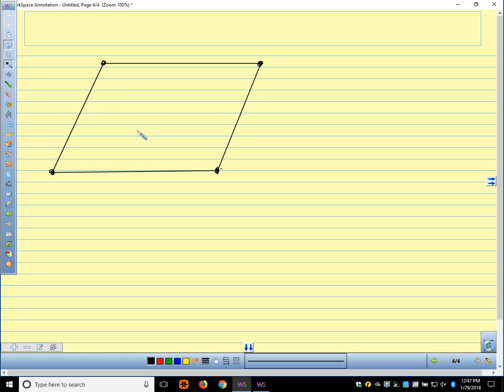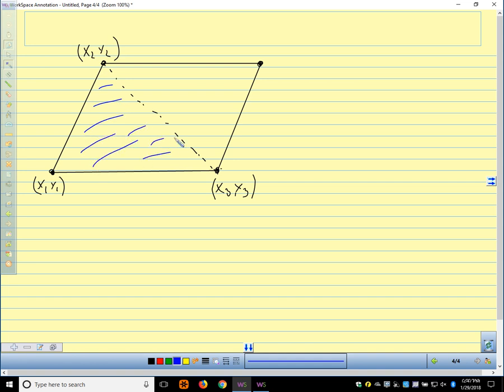The area of a parallelogram is always made up of 2 triangles. So if I divided this in half, and I called these x1, y1, x2, y2, and x3, y3, couldn't I just find the area of this triangle and multiply it by 2?